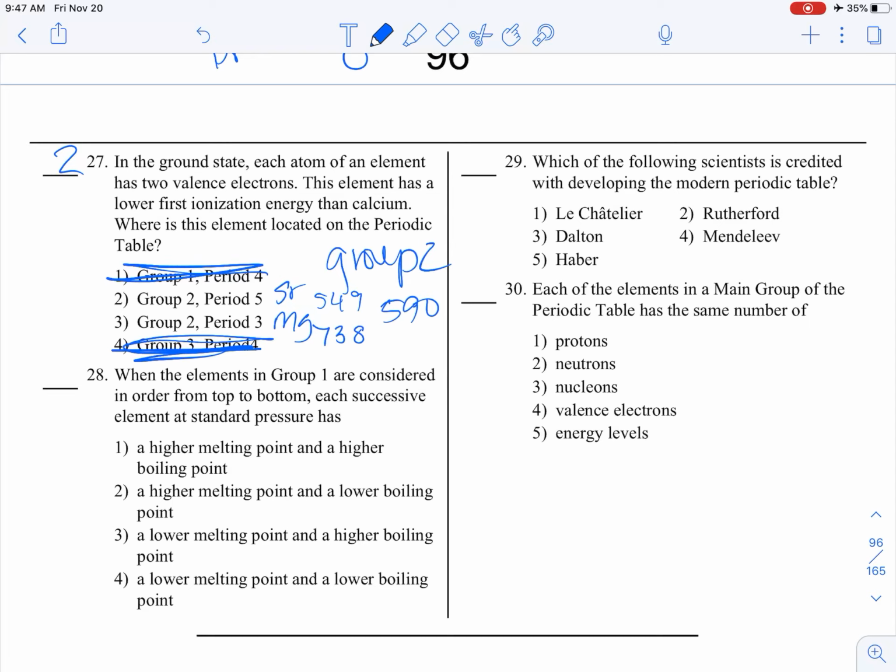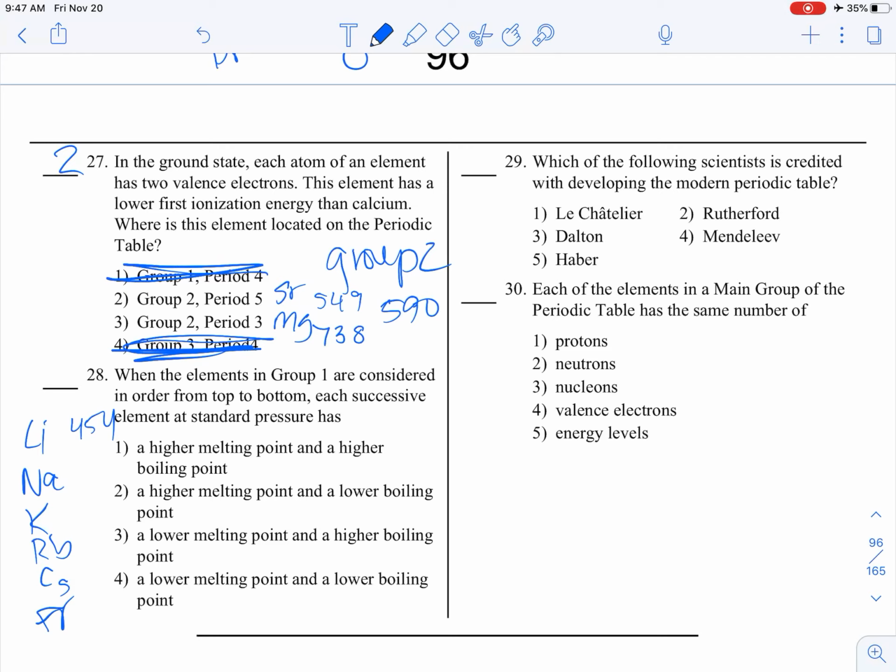When the elements in group 1 are considered in order from top to bottom, each successive element has, okay. So group 1, we've got lithium, sodium, potassium, rubidium, cesium, francium. Let's look at melting point. Melting point for lithium is 454.